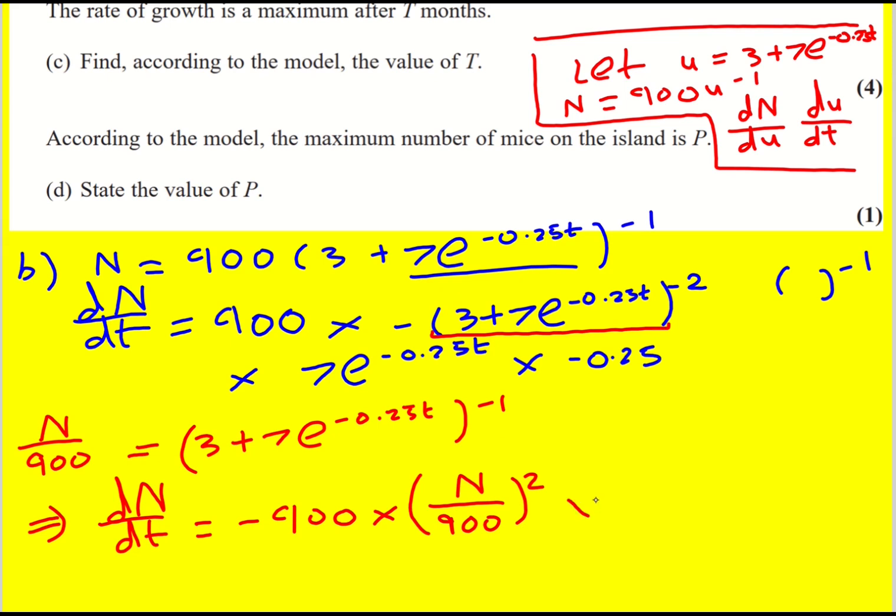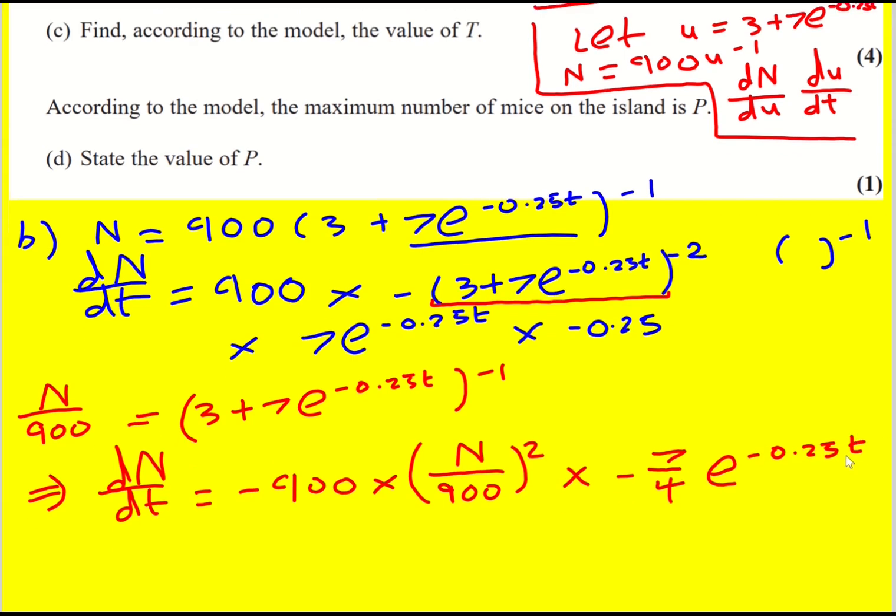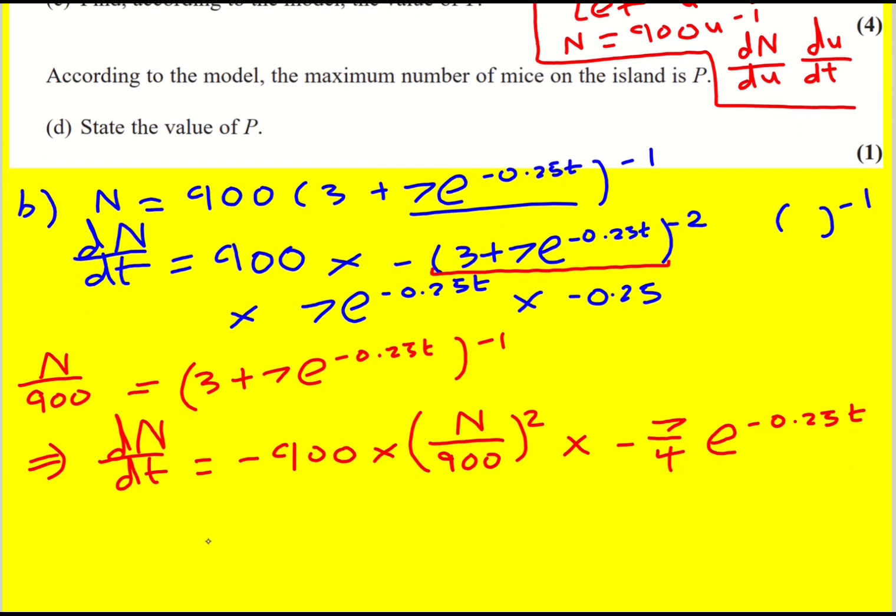And then I'm timesing by what's going to become minus 7 over 4 e to the minus 0.25t, because that's that minus 0.25. Right, let's just tidy this up. There's two negatives, and the 900 is going to partially cancel, so I'll be left with n squared over 900 times 7 over 4 e to the minus 0.25t.